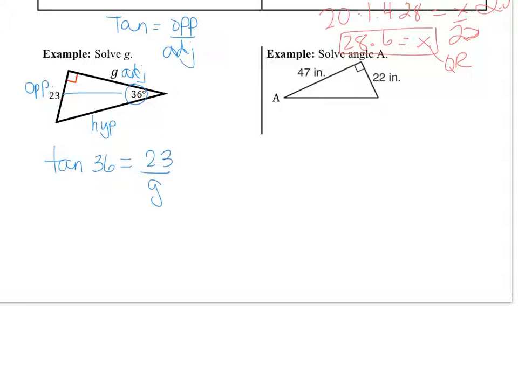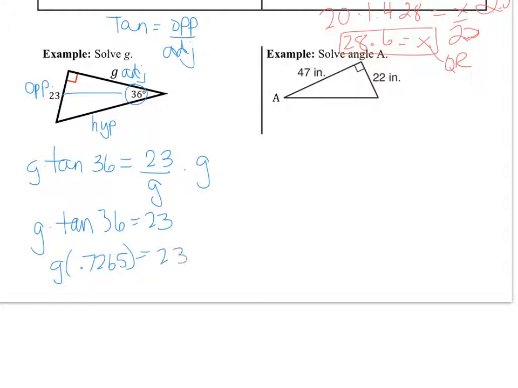So first step here is I'm going to multiply both sides by G to get that G out of the denominator. So I've got G times tangent of 36 equals 23. Let your calculator do some of the work here for you. So the tangent of 36 is equal to 0.7265. So G times 0.7265 is equal to 23.